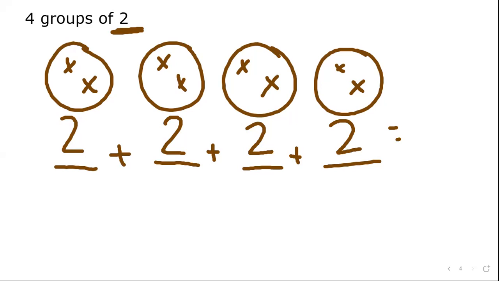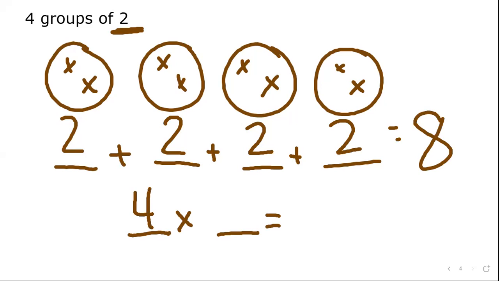How many do you have altogether if you add that up and find the sum? 8. Very good. I have 8 altogether. So this is a repeated addition sentence to match this picture. Let's do multiplication. Number of groups times how many in the group. 4 groups and 2 in each group. 4 times 2 equals 8.